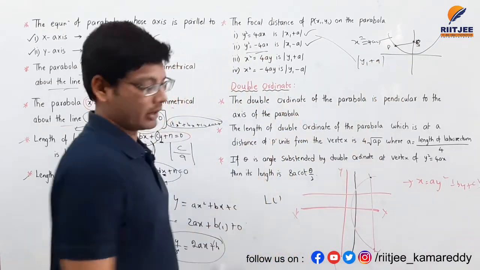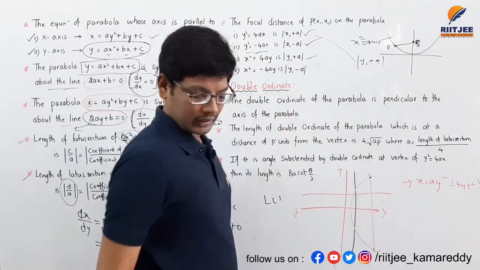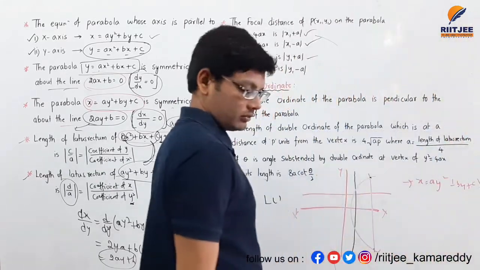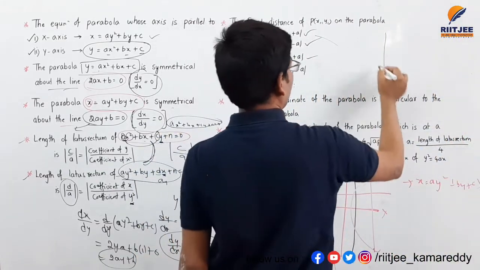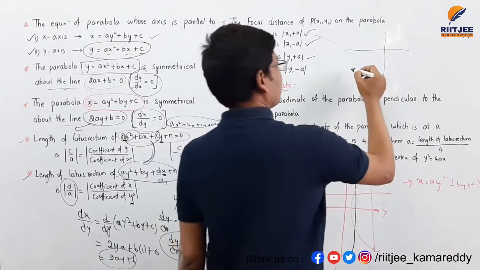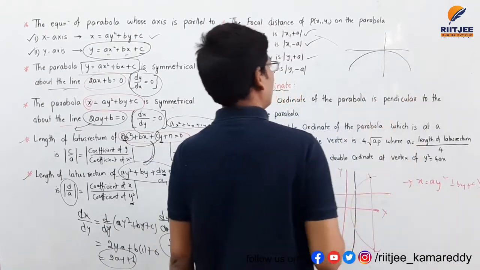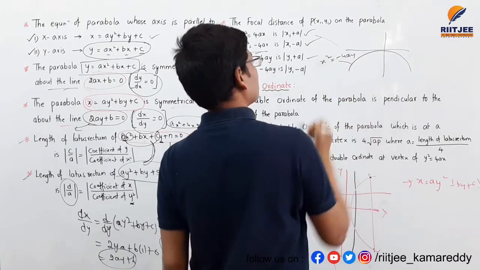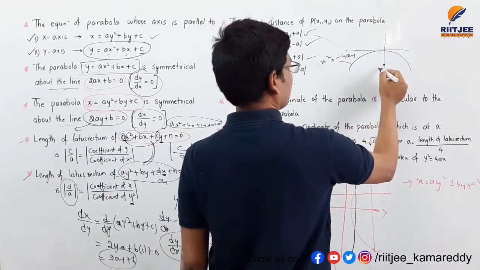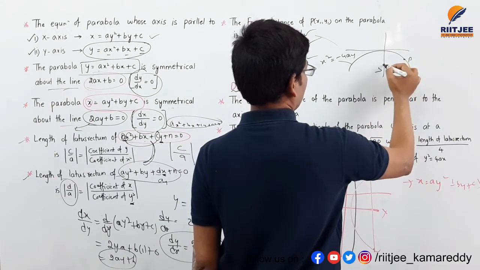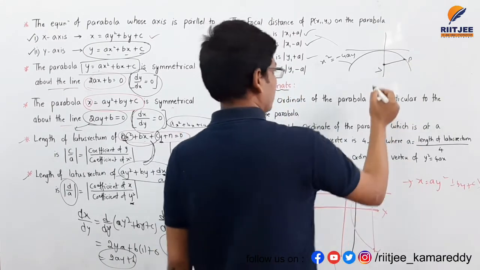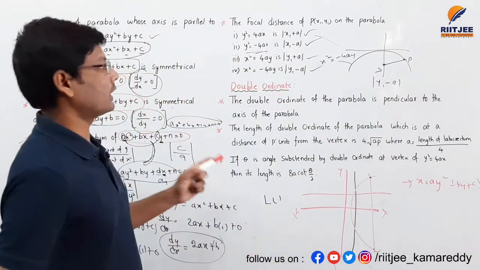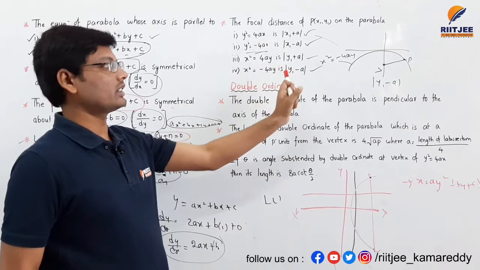And the next one, when the parabola is passing through the origin and its equation is x square is equal to minus 4ay, this is the focus S, and this is a point on the parabola. The distance between these two is modulus of y1 minus a. These are the four different types of parabolas and their lengths of focal distances.